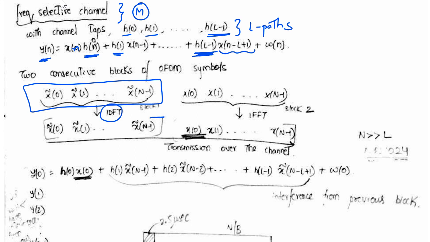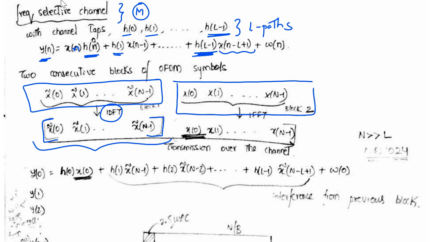We get N samples in the time domain. This entire set of N samples is one OFDM symbol. Like that, we can take two consecutive blocks of OFDM symbols: this is the first symbol, and this one is the second symbol.